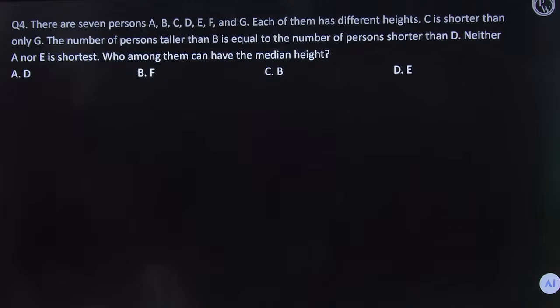Yes, Manju. So should we try a fixed arrangement here or floating?